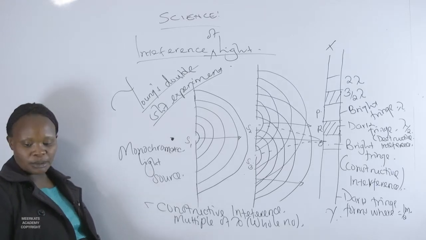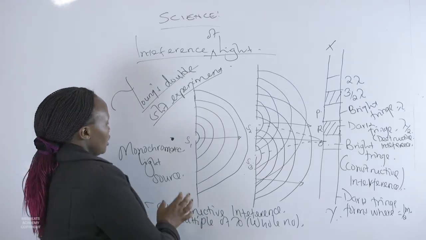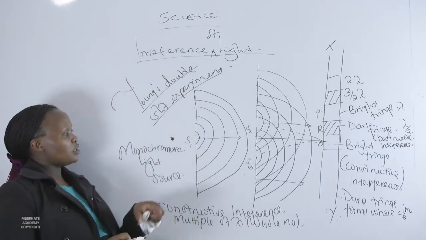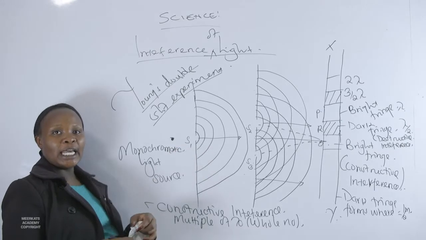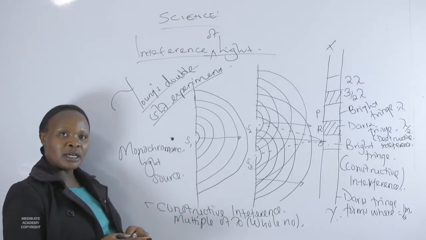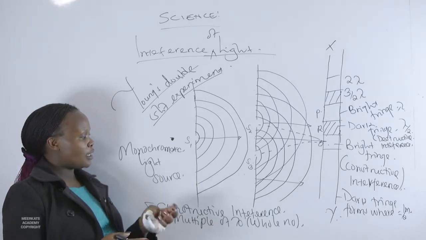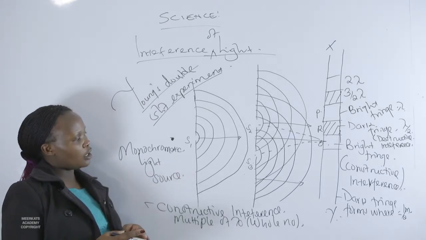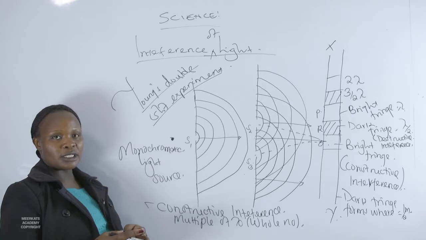I want to repeat that we have monochromatic light so that when it is diffracted, it does not form different patterns depending on the wavelength of different colors. That is why we insist that the source of light should actually be monochromatic.